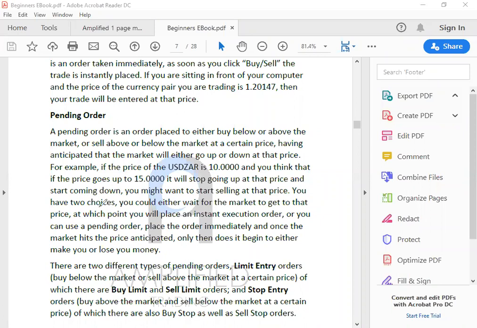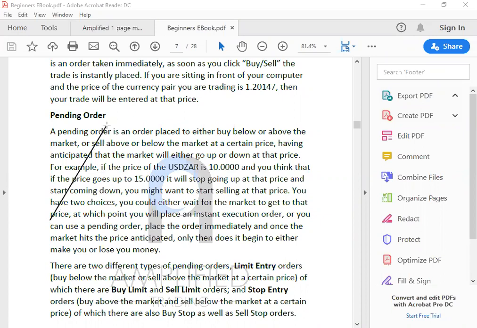Now, a limit entry is a bit different in the sense that it's used for when the price is about to turn. So in this example, let me just try and use straight lines, guys. Maybe that's going to be a bit better because my drawings are terrible.